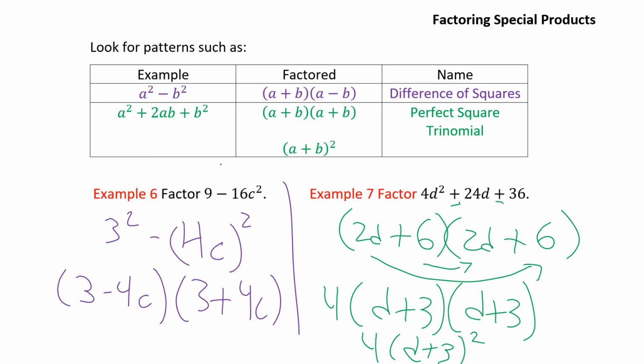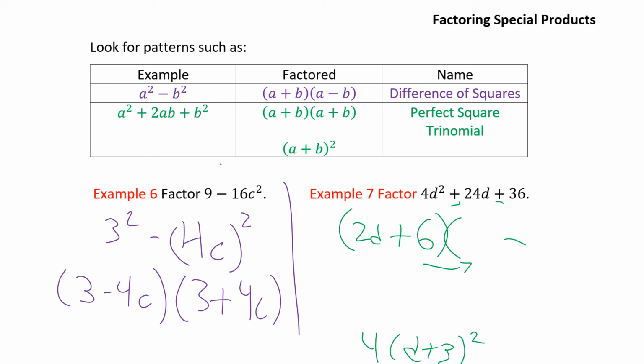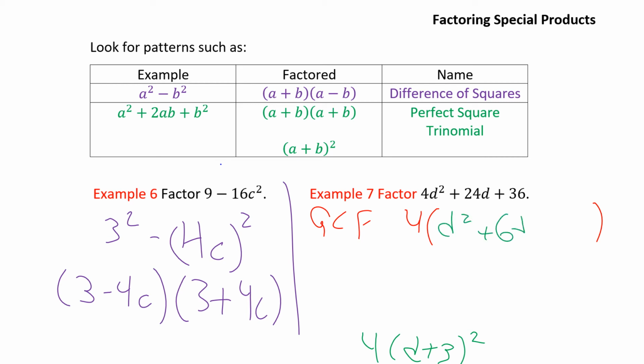But I'd like to just pause for a second and redo that problem, keeping in mind what we finished up with. Because from the very beginning, we can go with the greatest common factor. 4, 24, and 36 are all divisible by 4. Your life might be much easier if we factored out a 4 and we're left with d squared plus 6d plus 9.